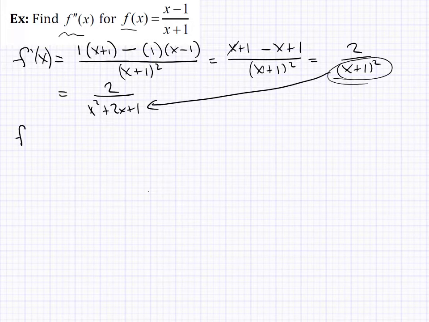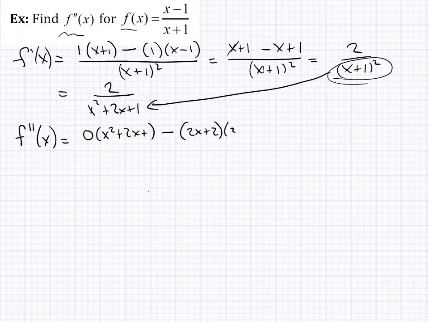And so if I'm going to take the derivative of that, I'm going to now have the second derivative, which would give me the derivative of the numerator, which would be 0, times x squared plus 2x plus 1, minus the derivative of the denominator, which would be 2x plus 2, times the numerator, all over the denominator squared.